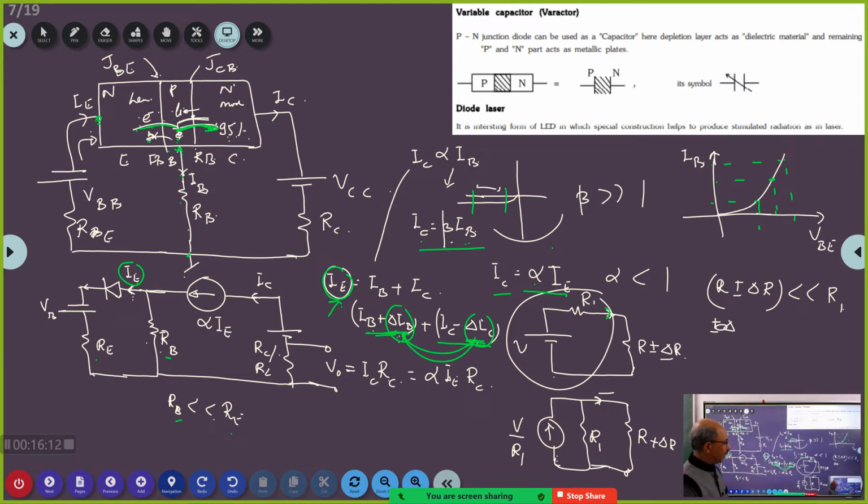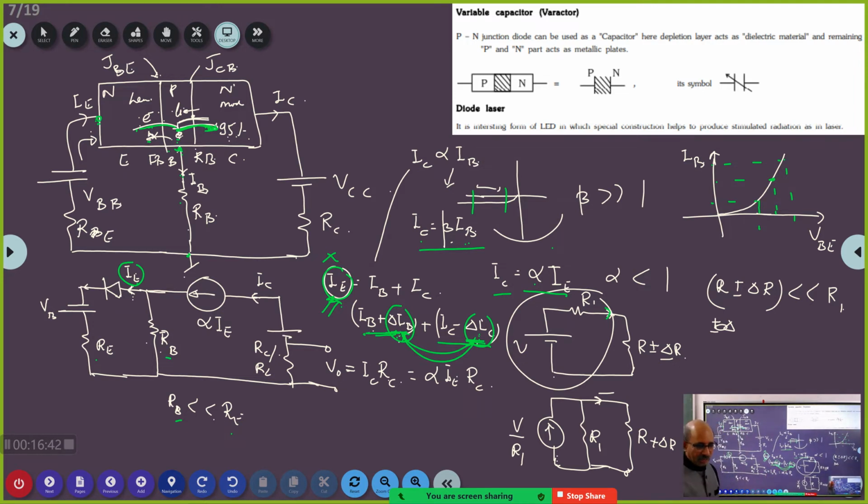I said if you take IE as constant, then if this changes, correspondingly this is changing. But frankly speaking, what happens here is IE will not be constant, because the characteristic is like this. For every change here, there is a percentage change here.